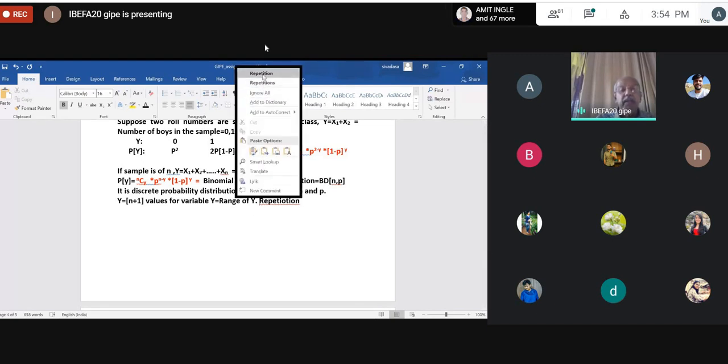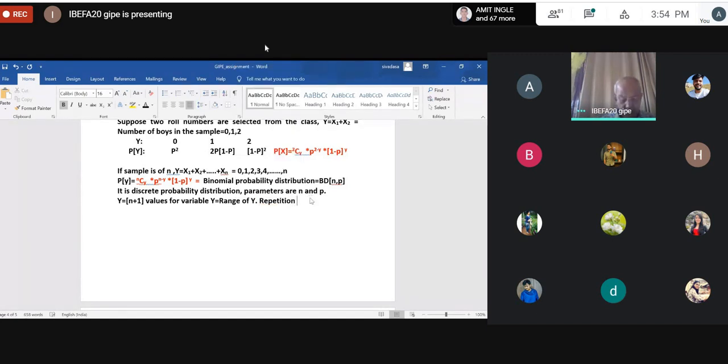What is a Bernoulli experiment? Bernoulli experiment means trial. In coin, one coin. Roll number, either boy or girl. So statistically we call it a Bernoulli experiment.